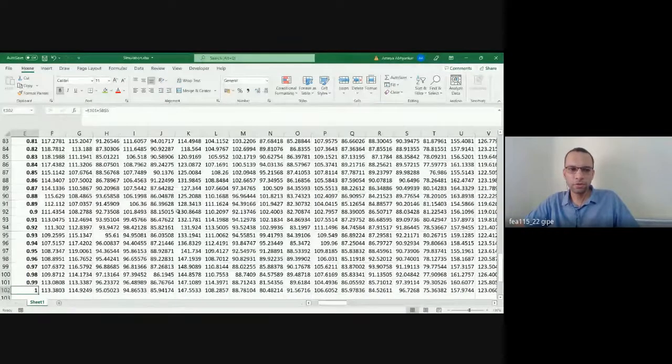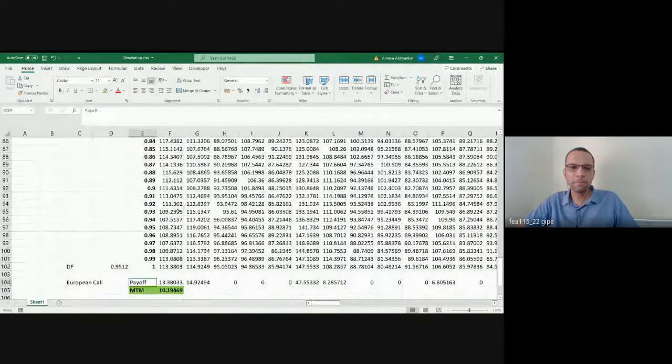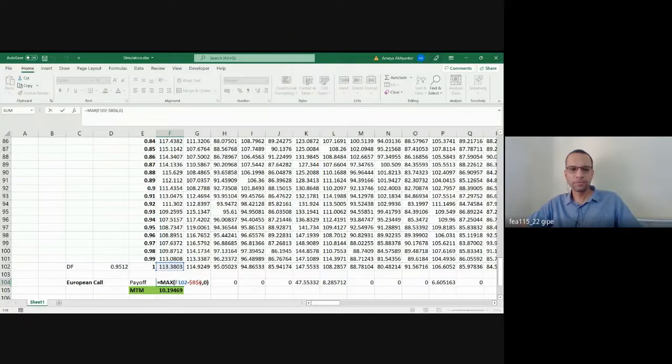Okay, good. So next what I've done is I have calculated the payoff because I know my payoff condition is max of S minus K or zero. I am pricing a European call option. So my payoff is max of S minus K or zero. That is what precisely I've done here. I've used the max condition, and if I do an F2, it's max of ST, which is my terminal stock price, minus B6.